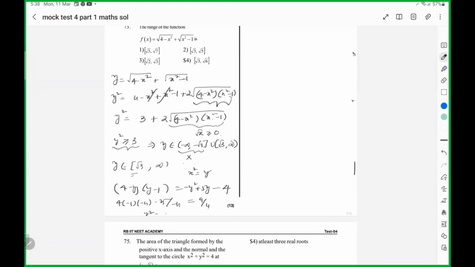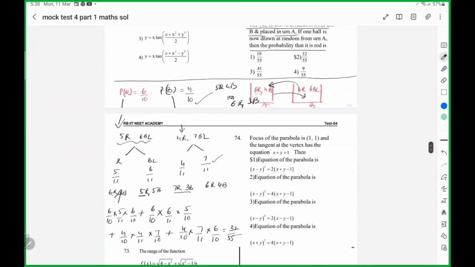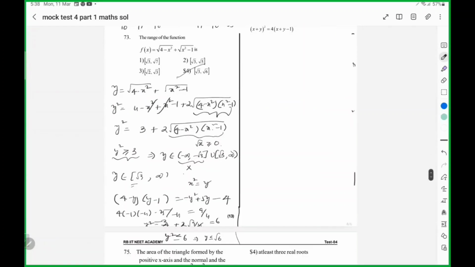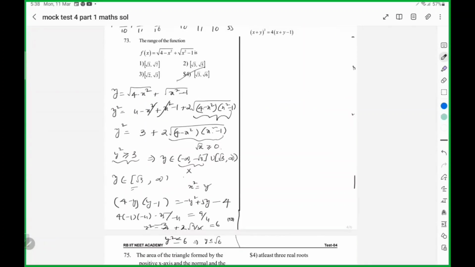Y square is 4 plus 2 root 9 by 4, that is 3 plus, so we get 6. So y square will be maximum. So this will be the answer: greater than root 3 and less than root 6. Okay.